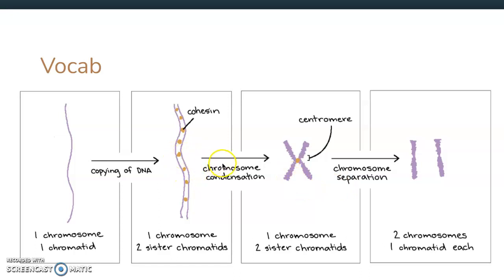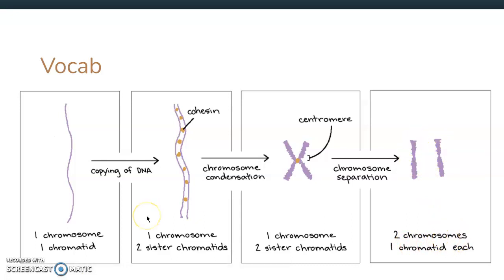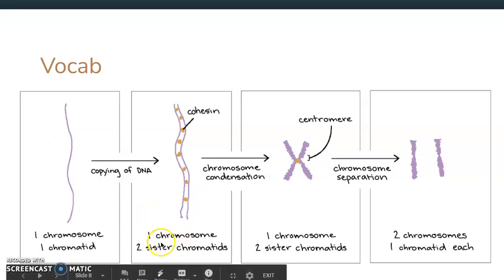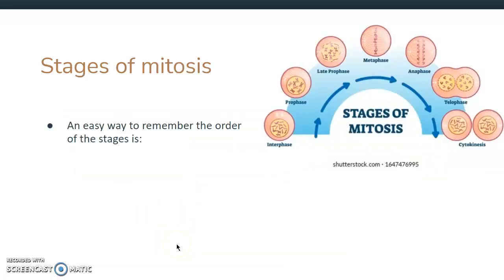And this time we have a bunch of cohesion bonds. And then once it gets separated into more of an X shape, it's still one chromosome and two sister chromatids. And then once our chromosomes get separate, we have two chromosomes, each with one chromatid. So just so you understand some of the words we're going to be using, I just want to go over those.